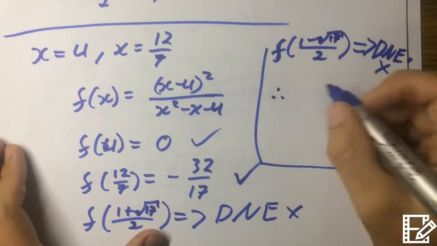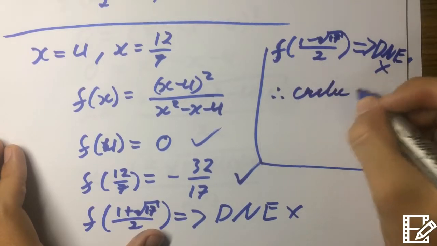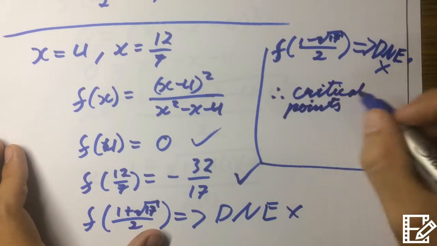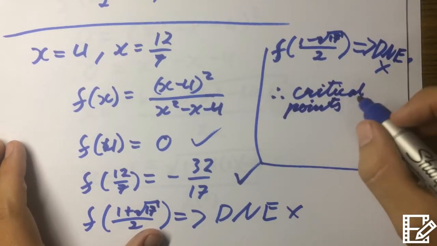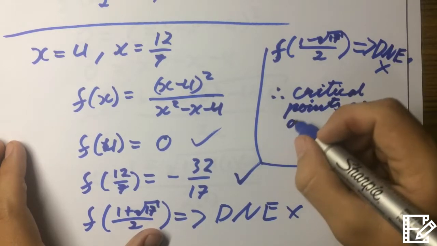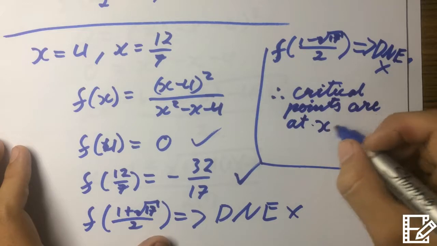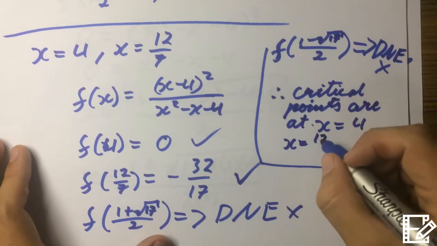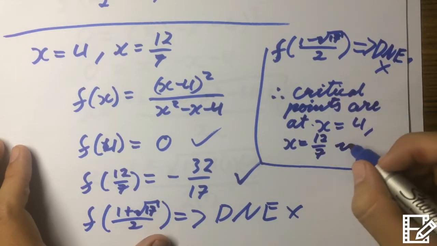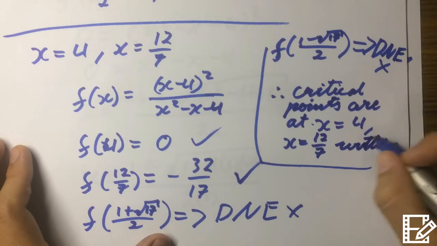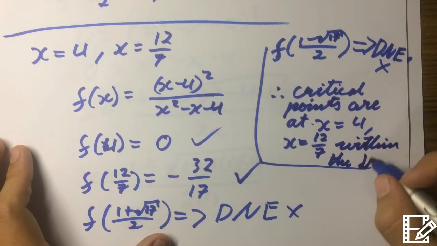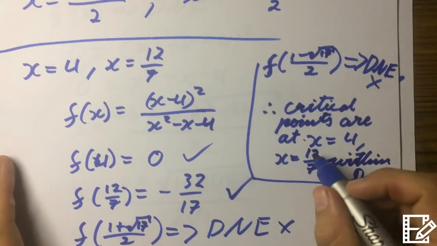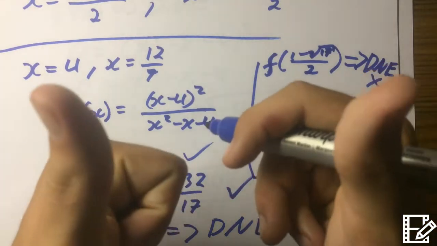So basically, critical points are at x equals 4 and x equals 12 over 7 within the domain. So x equals 4 and x equals 12 over 7 are our critical points.